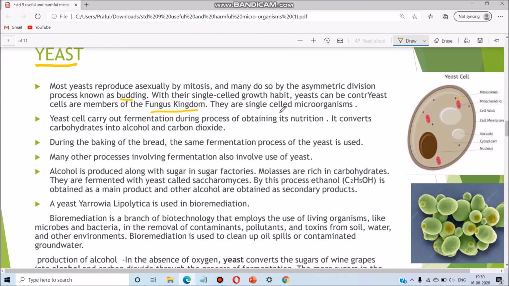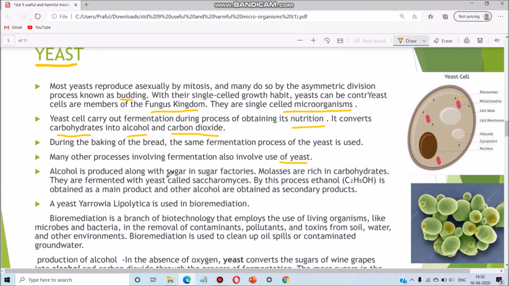They are single-celled microorganisms. Yeast cells carry out fermentation in the process of obtaining nutrition. It converts carbohydrates into alcohol and carbon dioxide. During the baking of bread, the same fermentation process of the yeast is used.